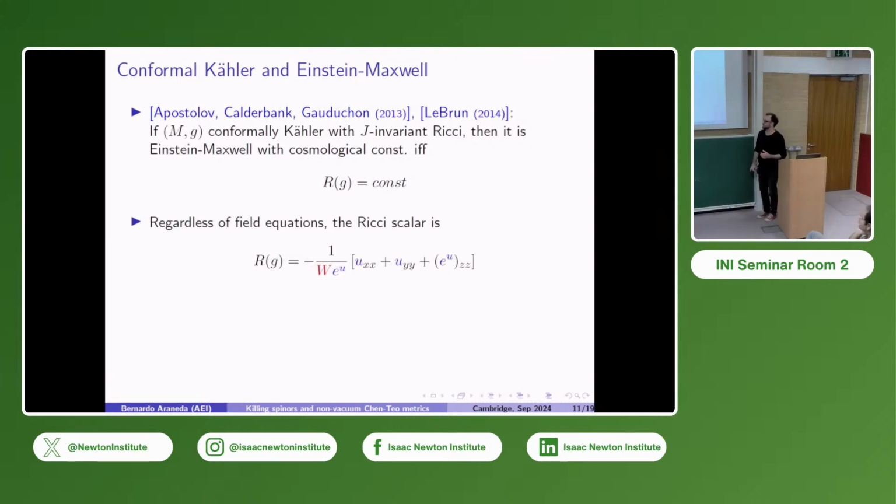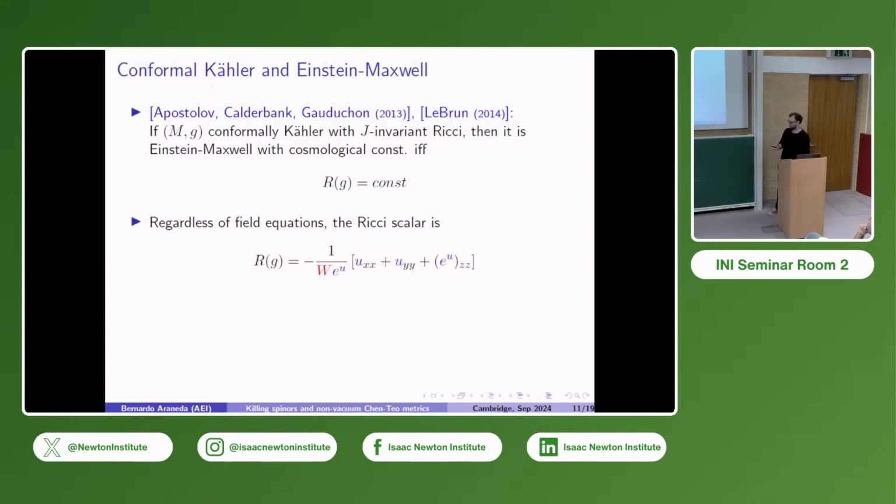And now we will use this result in combination with the previous ansatz that I showed, because regardless of any field equations, I mentioned that there is an ansatz for the metric in terms of some variables, W, U, and so on. And using that ansatz, you can compute the Ricci scalar, and you can show that it is always given by this expression. Without any field equations, this is just a calculation. So you see the total operator in some sense.